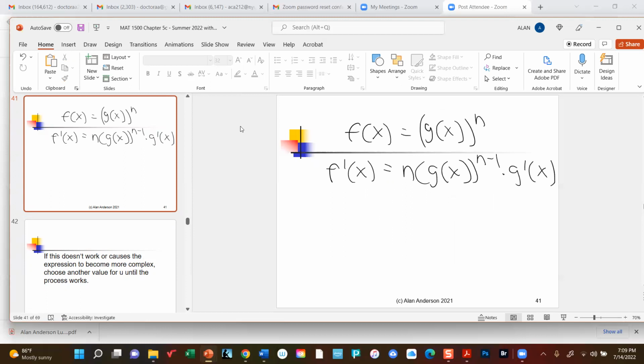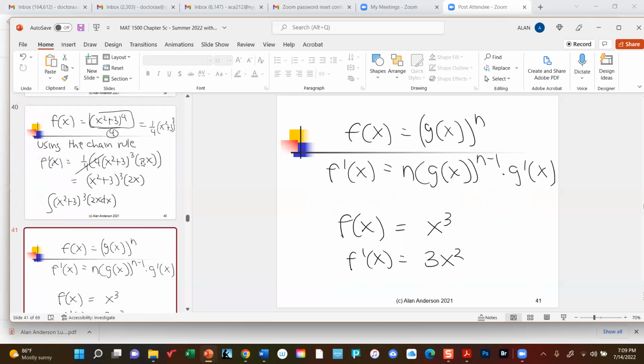Okay, so it's like the regular power rule. Remember when we had something like this? It's a similar idea, except that now, because the variable being raised to the n power is actually a function of x, we need to take into account the derivative of g of x, and so that comes at the end, g prime of x. And so here, that's exactly what we've done.